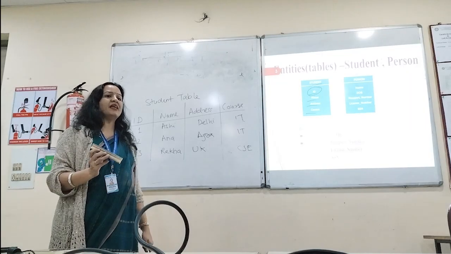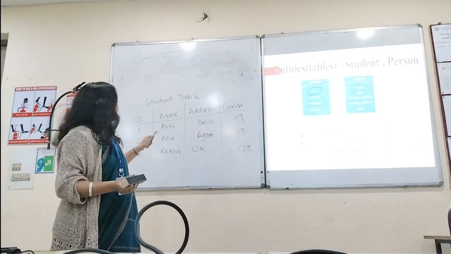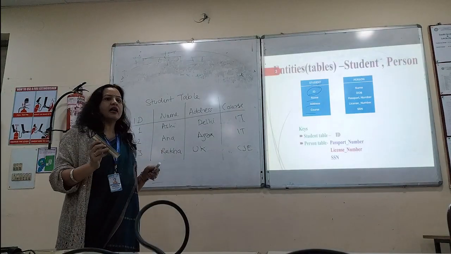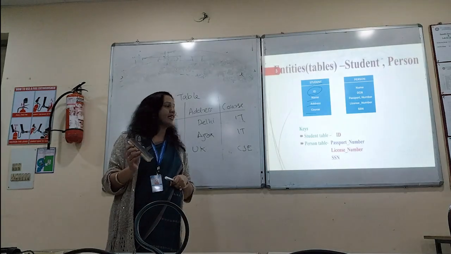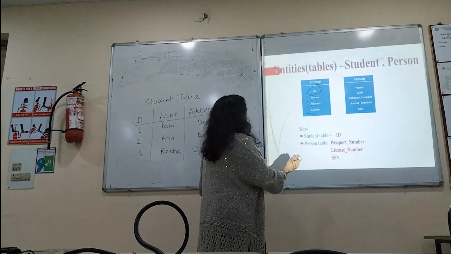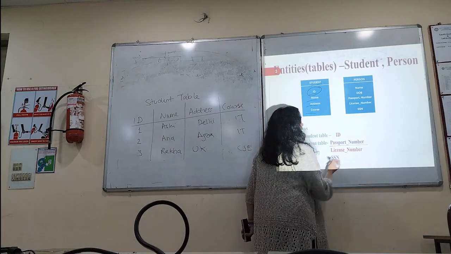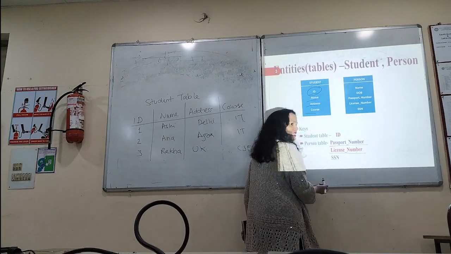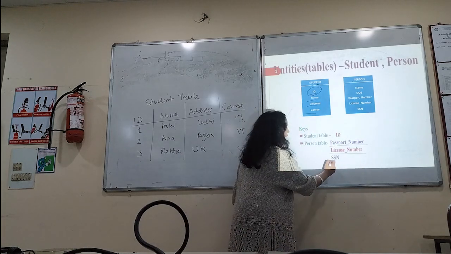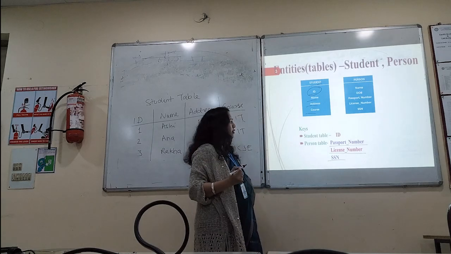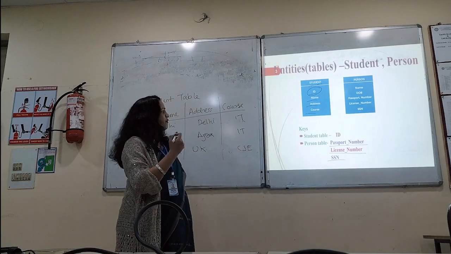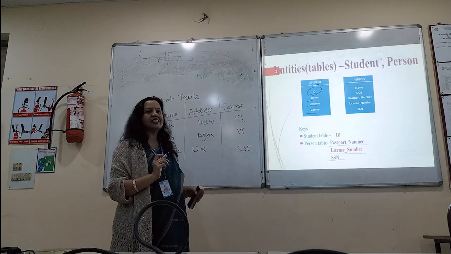Key generally means primary key. So here we have the properties that I have told you. So this is a key. Similarly, in the person table, we can have a unique passport number for each person, a unique license number for each person, and a unique SSN number for each person. So we can declare all of these as keys.